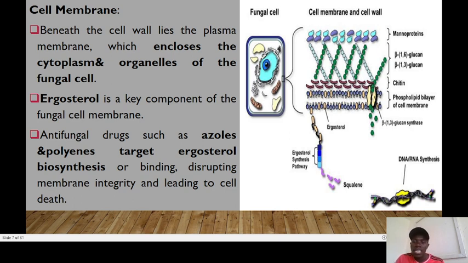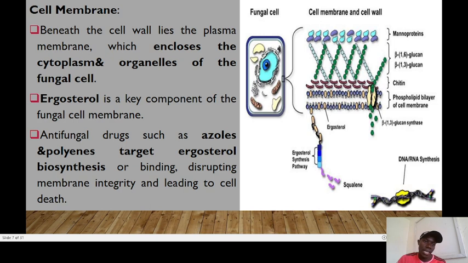Remember, we have said that ergosterol is a key component of the cell membrane. So the azoles and the polyenes are going to target its formation. They could target its synthesis, or they could bind to it, and in both cases, this disrupts the membrane integrity and leads to cell death.